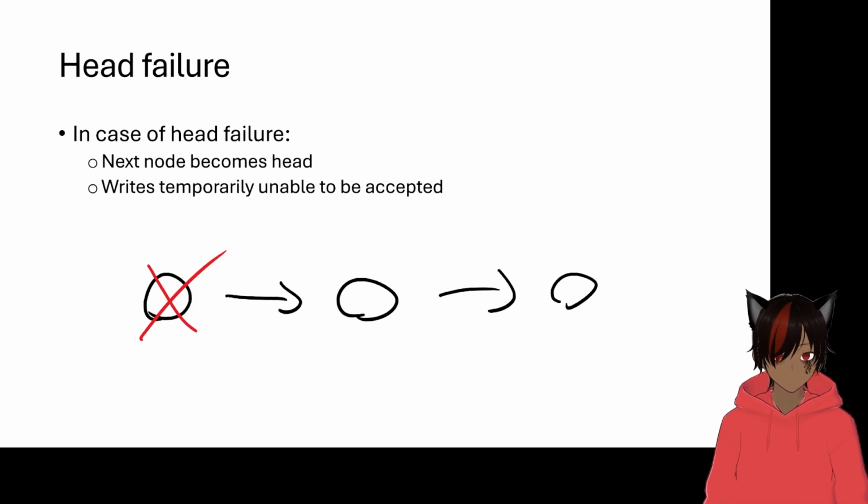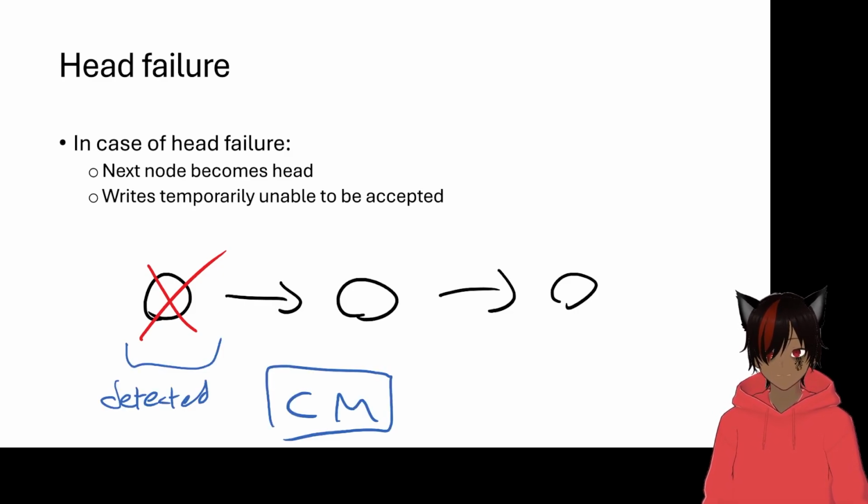So how do we detect this? Well, the cluster management software, whatever it is, detects that there's a failure, and typically this is through something like heartbeats, which is essentially every single node here is constantly, every so often, sending a "Hey, I'm alive" message to the configuration manager.